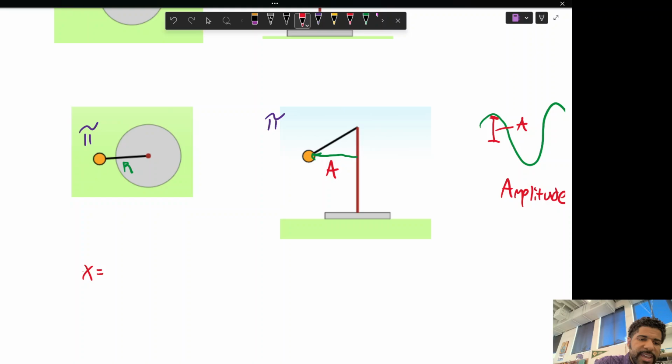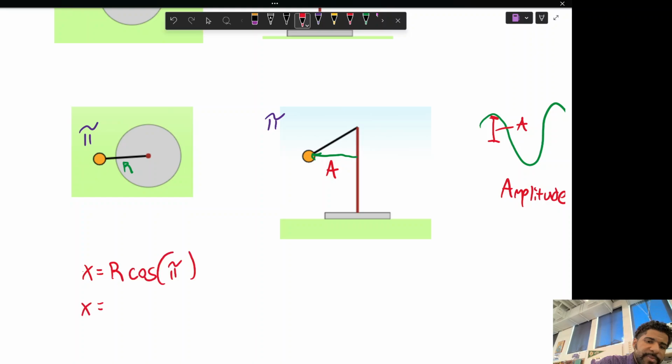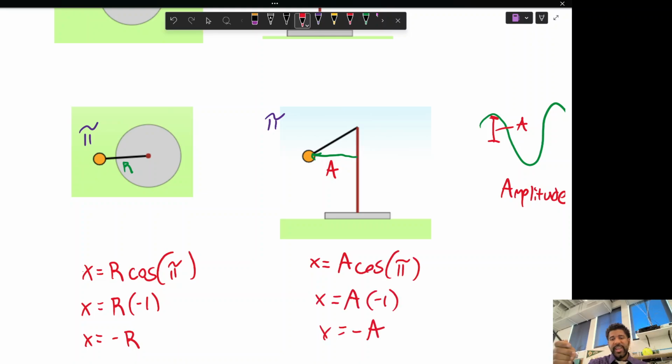If I do that, X is going to be equal to R times the cosine of pi, which is -1. So X is going to be equal to -R. Or in this case, let's do the same thing over here, but we'll put A instead. A cosine of pi, my angle, is A times -1. X is equal to -A. And that means that it's just A to the left.